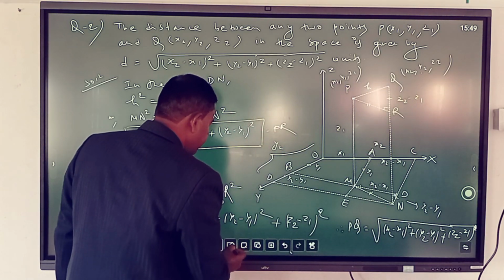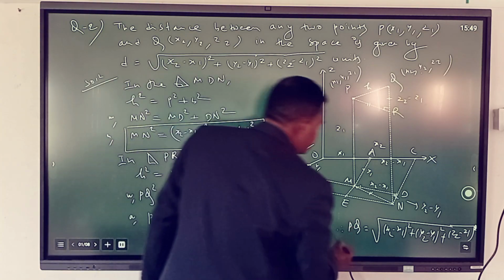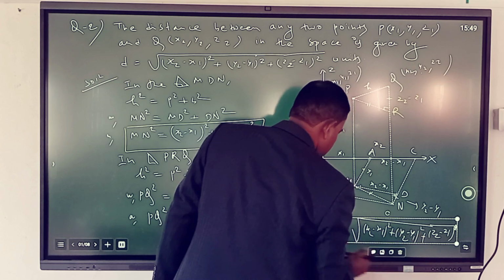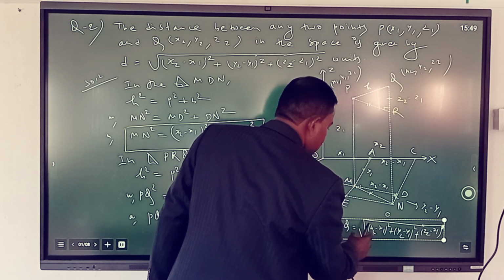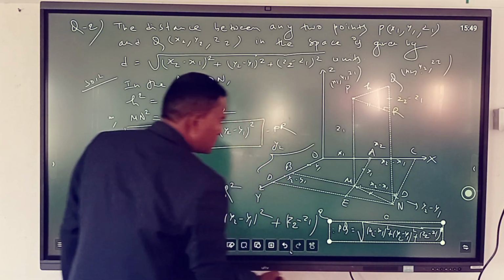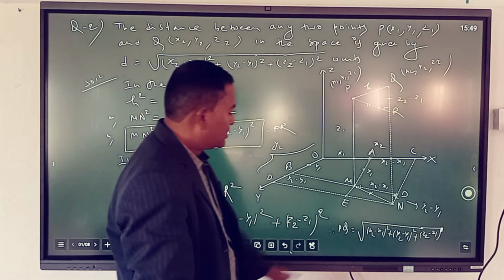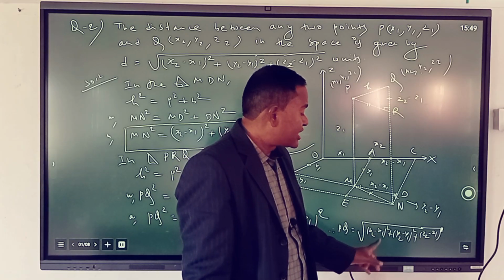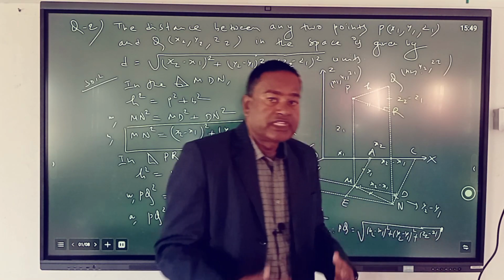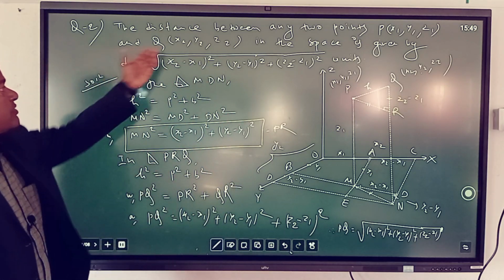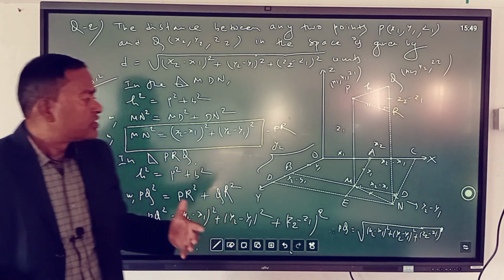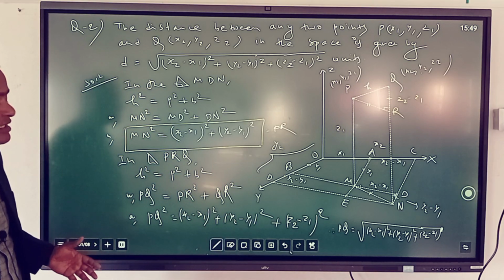So dear student, PQ, the measure of PQ, is the square root of x2 minus x1 whole square plus y2 minus y1 whole square plus z2 minus z1 whole square, which is the distance between the given 2 points P and Q in this space. So dear student, if you want to take this screenshot, you can take it.